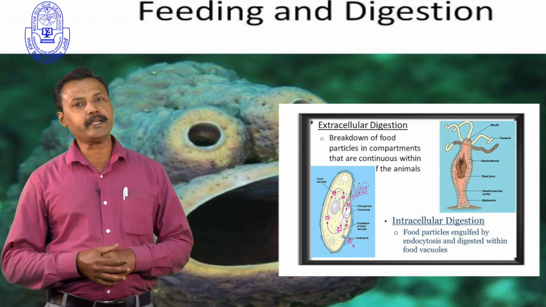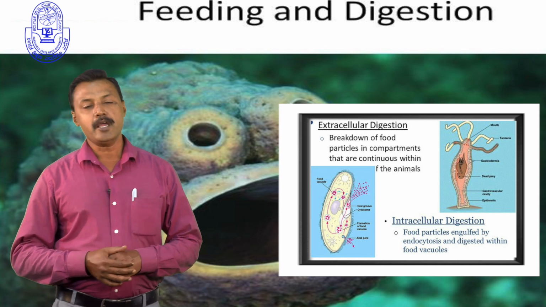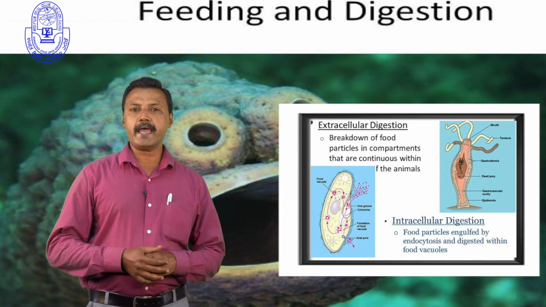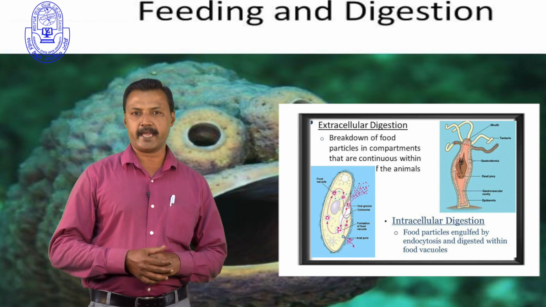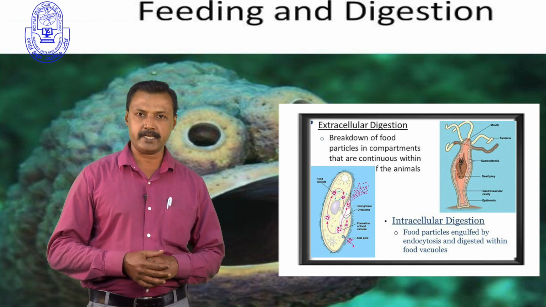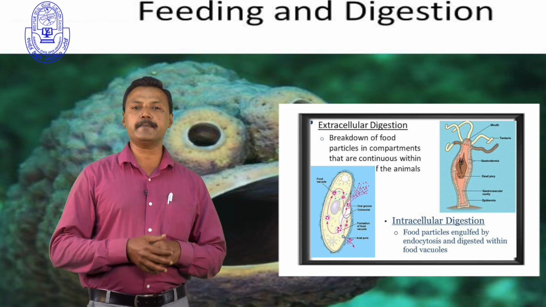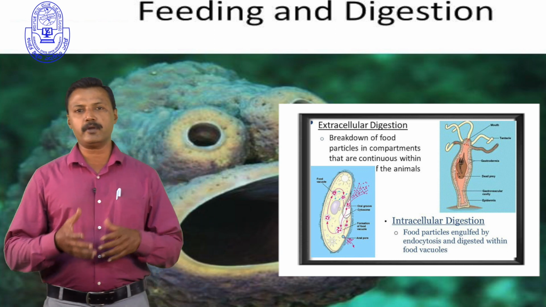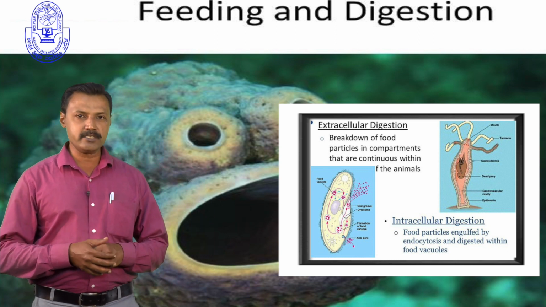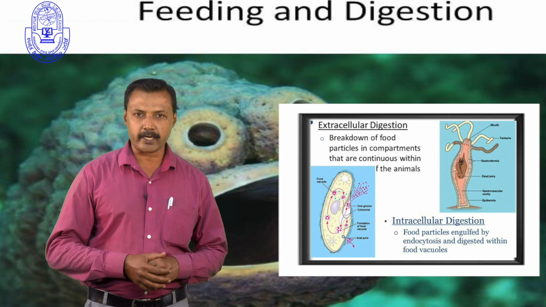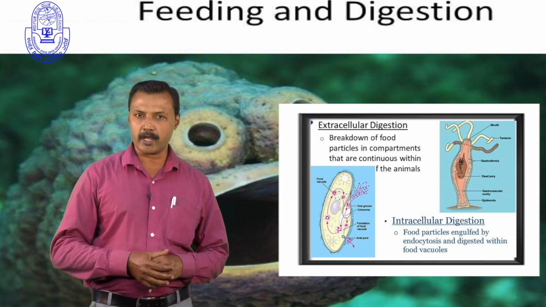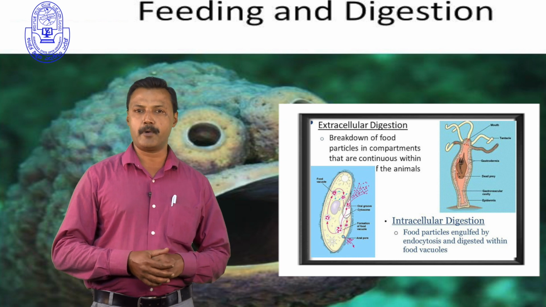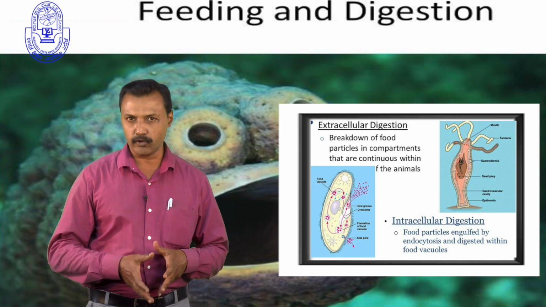The extracellular type of digestion is where the food is digested by secretory cells of the gastrovascular cavity, which secrete certain enzymes called proteolytic enzymes. These proteolytic enzymes digest the food into smaller particles called smaller polypeptides, completely dissolving the proteins that are present in the food.